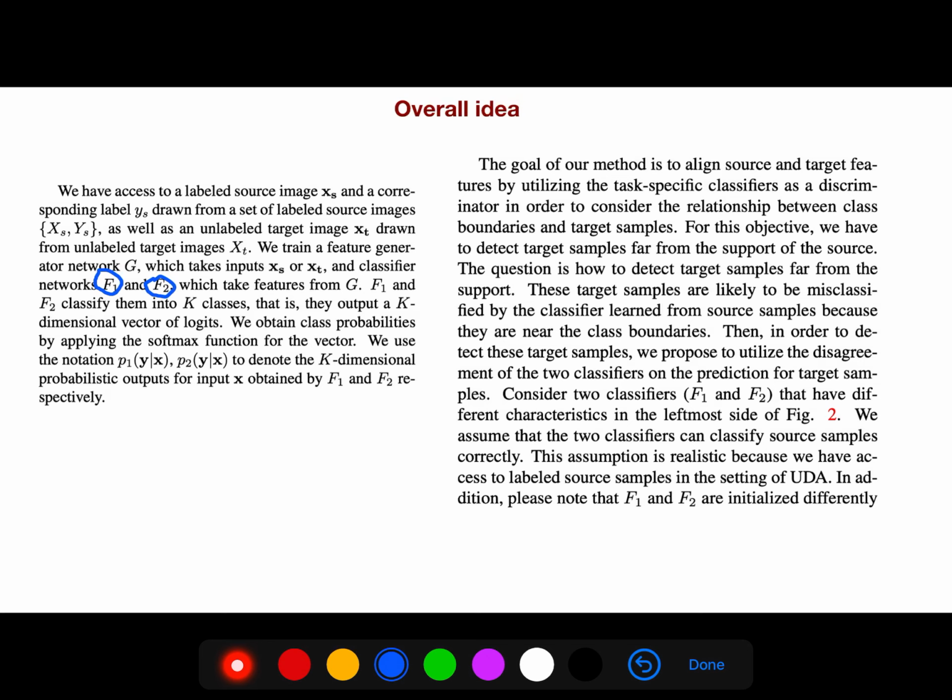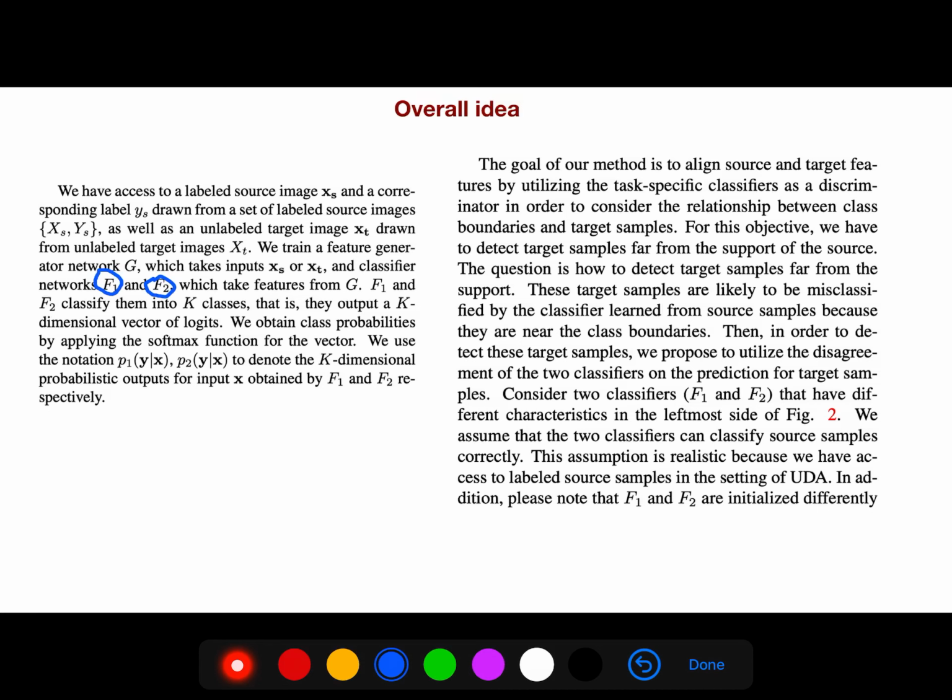The question is how to detect target samples far from the support. These target samples are likely to be misclassified by the classifier learned from source samples because they are near the class boundaries. Then, in order to detect these target samples, we propose to utilize the disagreement of the two classifiers in the prediction for target samples.